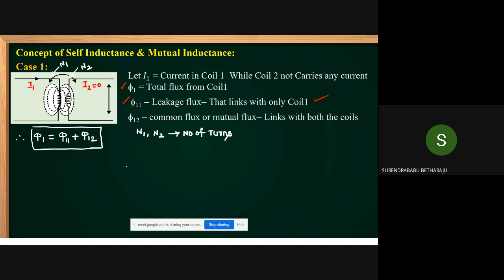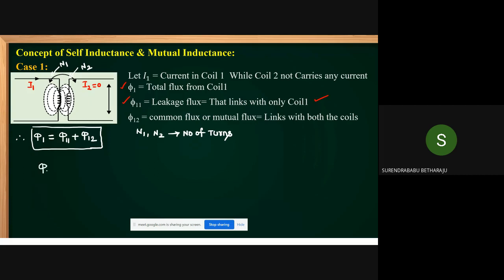Then how much flux links with both the coils? Phi 2 is the common flux or mutual flux. Some fraction of the total phi 1 flux links with both the coils because some flux is leakage flux.